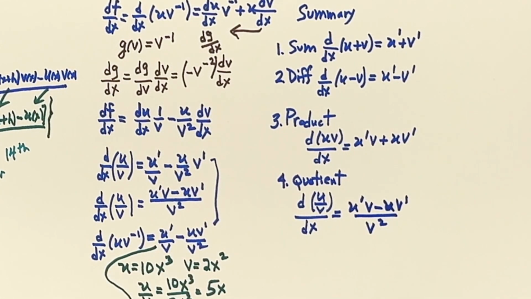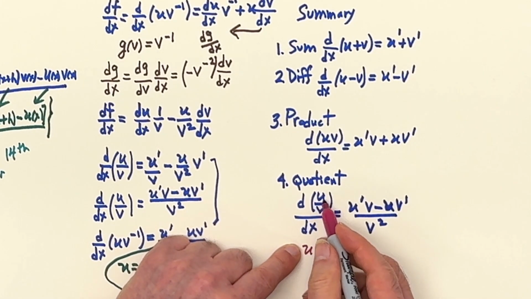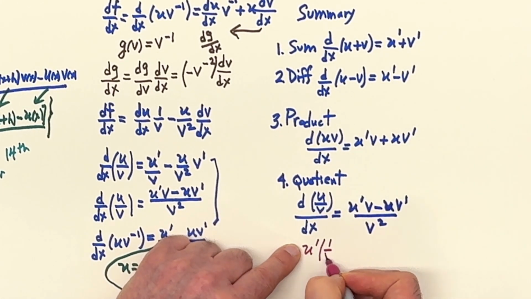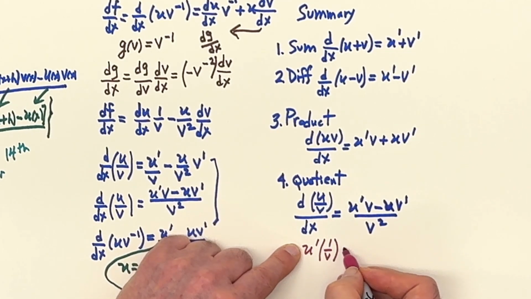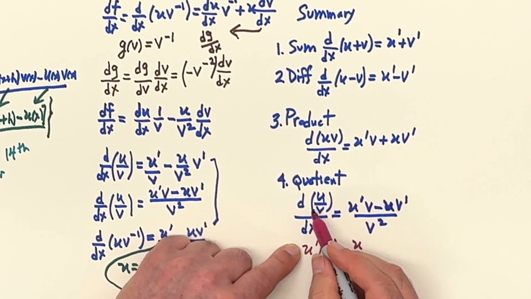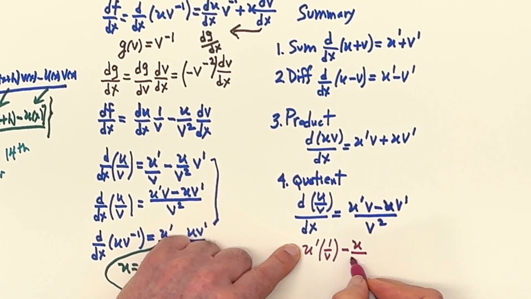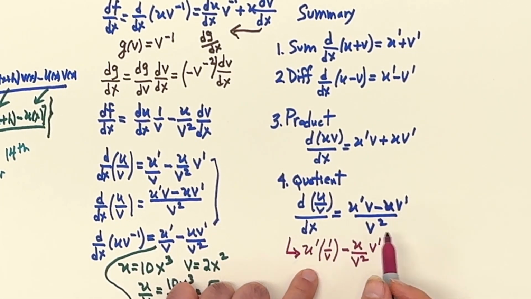But I'm going to give you the way I do it, which would be here, take the derivative of the first, which is u prime, times the second, which is 1 over v. And then I take the derivative of the second times the first. So that's going to be minus, the first is u, but the derivative of the second, I bring the minus 1 down, I get 1 over v squared, and then I have v prime. So this is how I remember it, or I just do it.